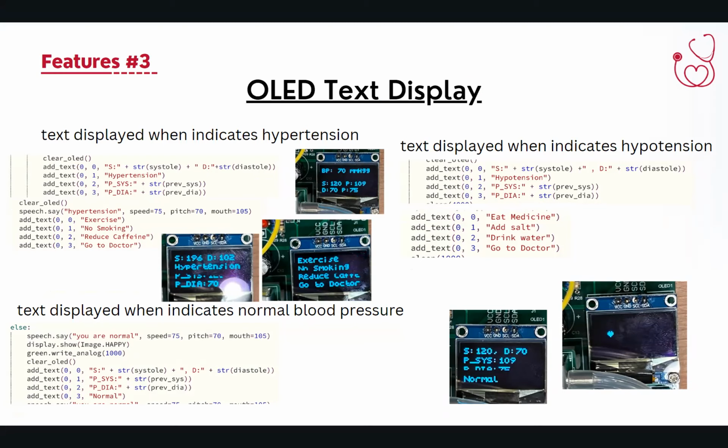When the measurement indicates hypertension or hypotension, we will display hypertension or hypotension text on the OLED. We will also display suggestions such as exercise, no smoking, reduce caffeine, and etc. But when the measurement indicates normal blood pressure, we will only display normal text on the OLED, and after that, we will display a stem on the OLED display.